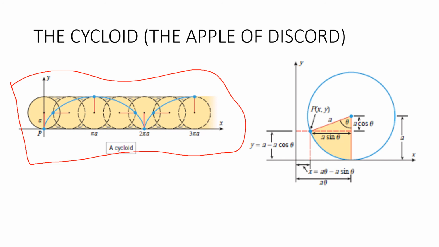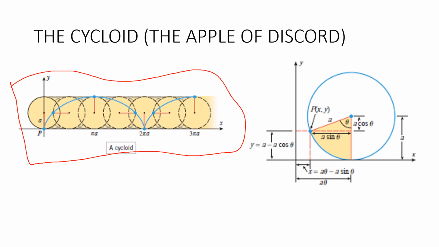We will take as our parameter the angle theta swept out by the radial line to P as the circle rolls, which is represented by the illustration that I've enclosed.